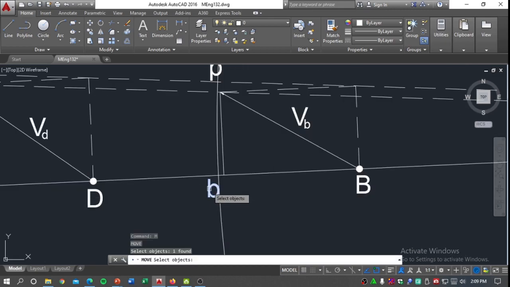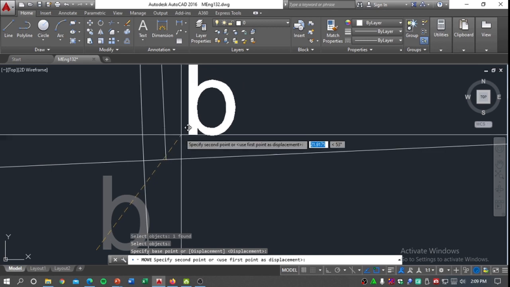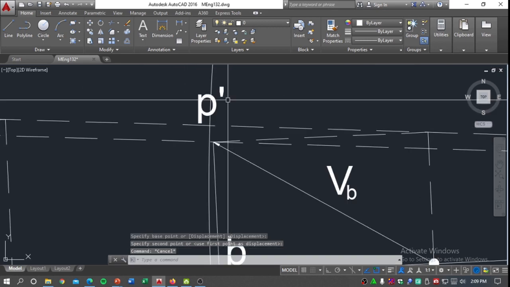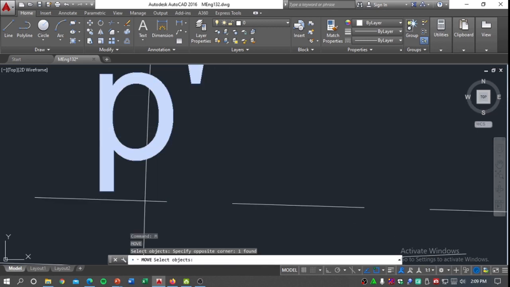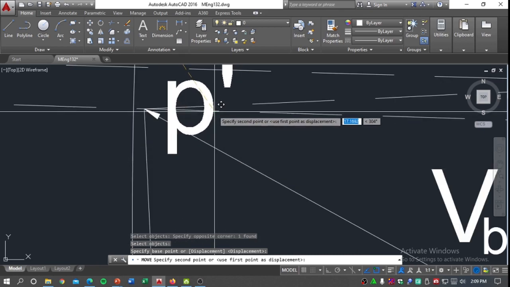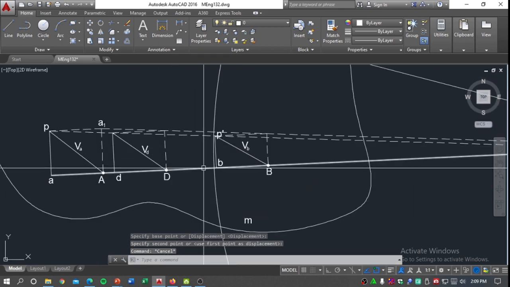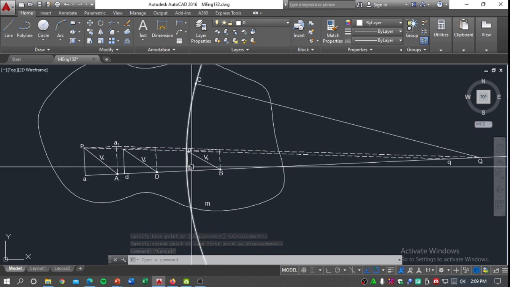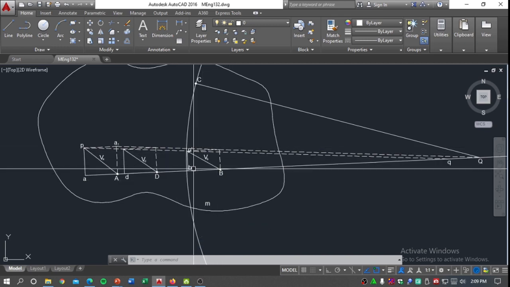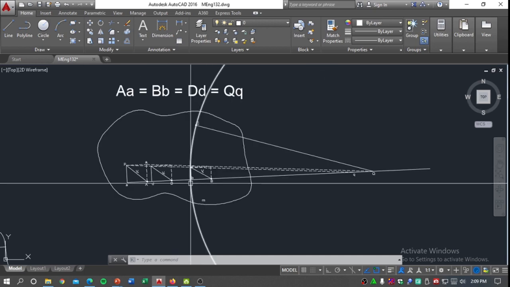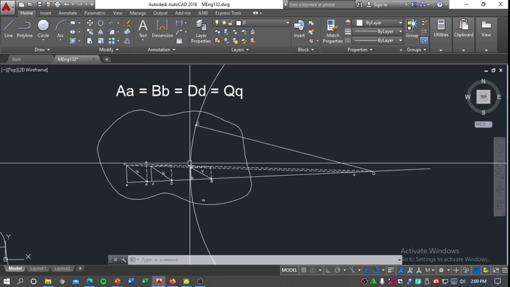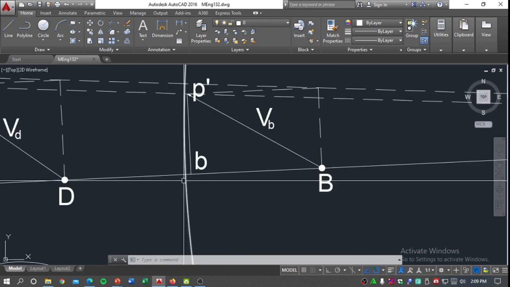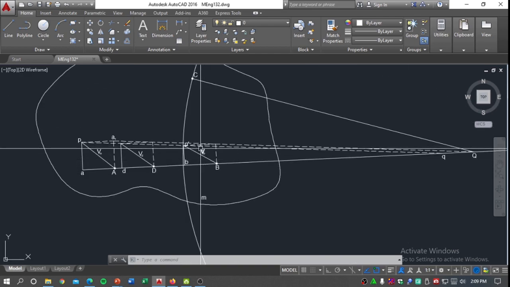Okay, so I will first move this point B here. All right. So we just found out that it has a component here at this particular point.